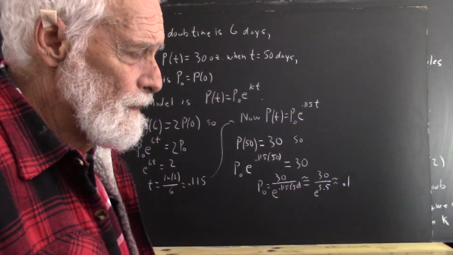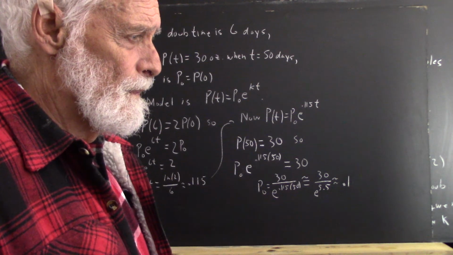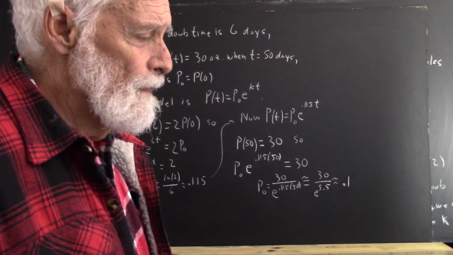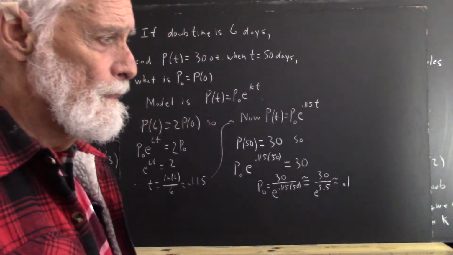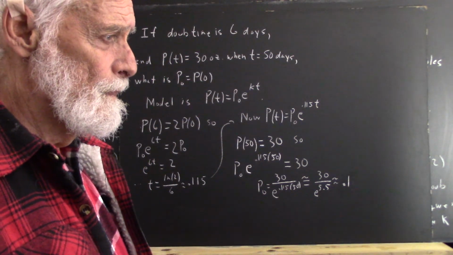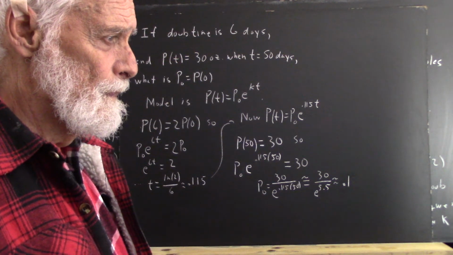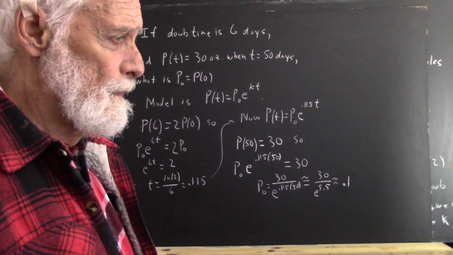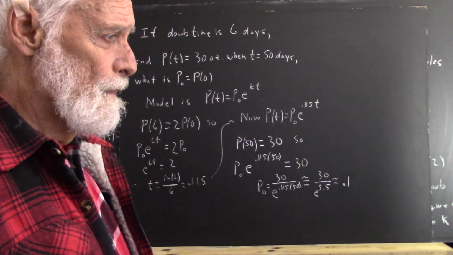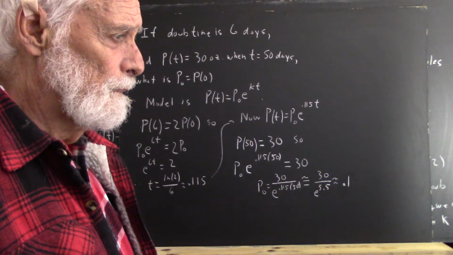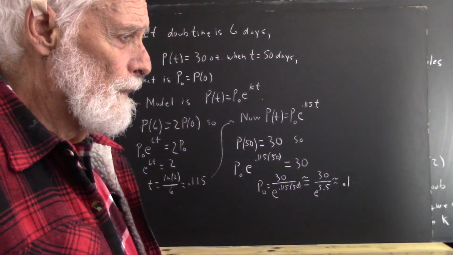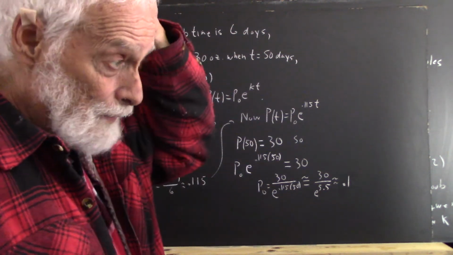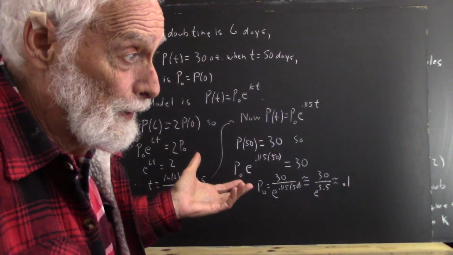The example was if a bacteria doubles every half hour, you come up with a model of P of t equals P naught times 2 raised to the power of t over 30. That's how the presenter came up with it, and that's something I'm still trying to figure out how to understand. Well, okay, if you double every half hour, let's just see what happens.